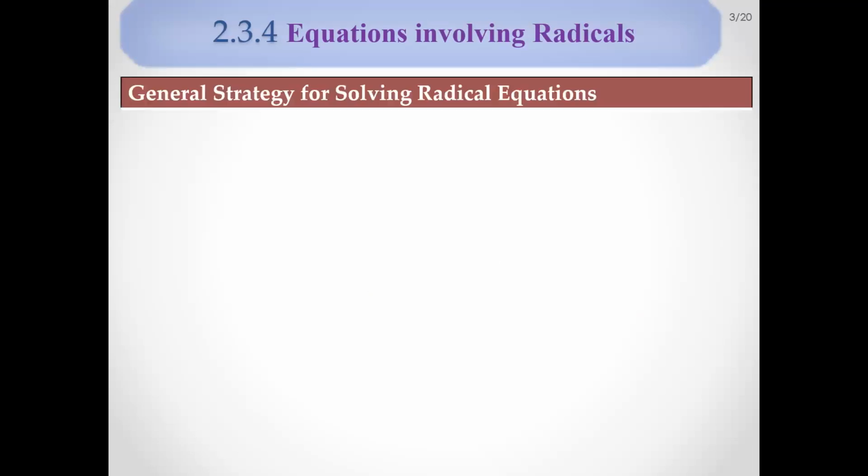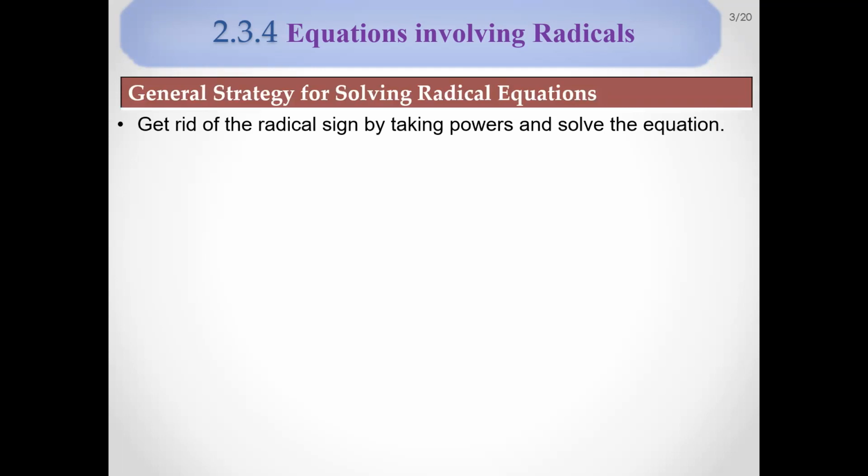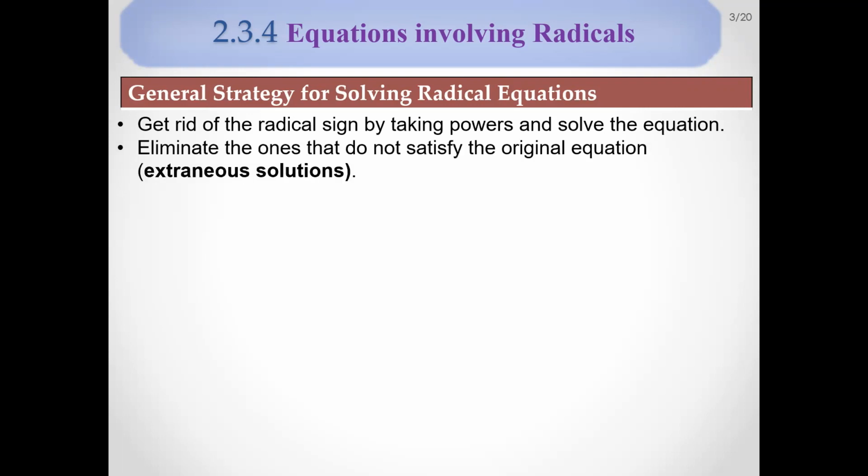What is the strategy to solve equations involving radicals? The strategy is to isolate the radicals, take powers to remove the radicals, and then solve the obtained equation. But be careful here also, since we said the forbidden things: no division by zero, we saw this in rational equation.